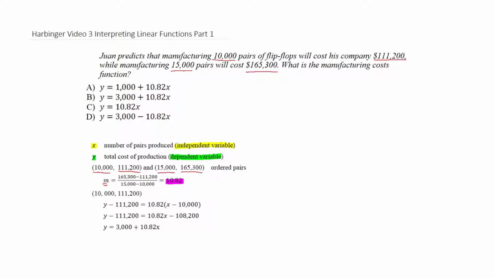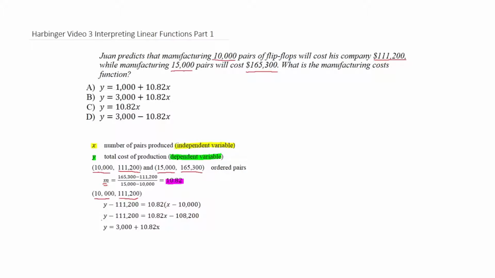Now let's plug the found slope and the x and y values taken from one of the ordered pairs into the point-slope formula to find the equation of the manufacturing cost function. We can take the point, for example, 10,000 and 111,200. So y minus 111,200 is equal to 10.82 times the quantity x minus 10,000.